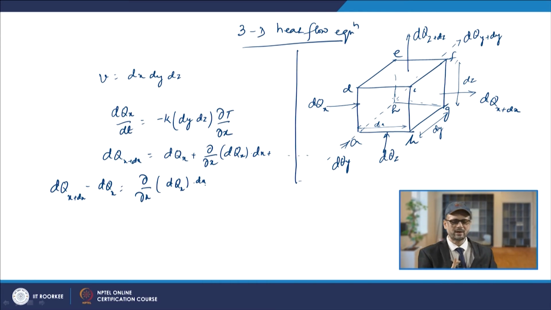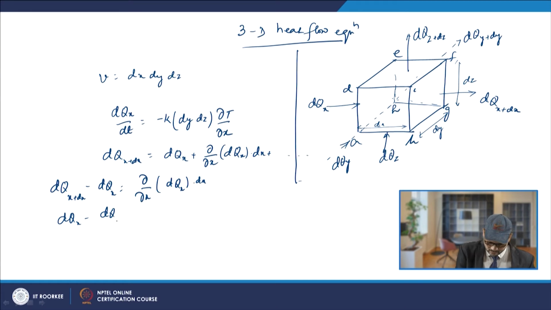But if you get the value of dqx minus dqx plus dx, it will be minus dou by dou x of dqx into dx.